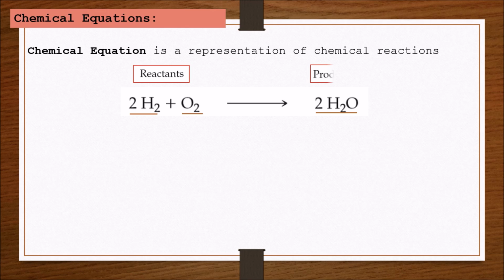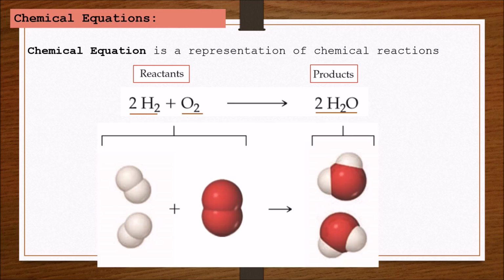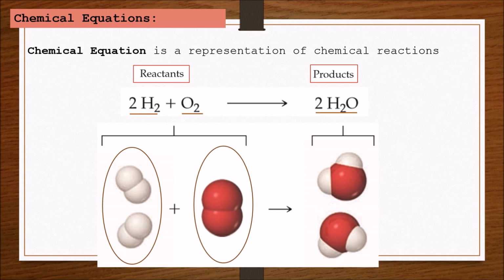The stuff on the left side is called the reactant, and on the right side we call it the product. So in this particular reaction, you can see that two individual molecules of hydrogen gas, which is H2, can combine with a single molecule of oxygen gas, which has the formula O2, to make two individual molecules of water, which is H2O.